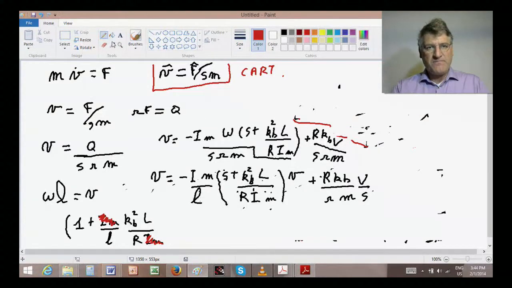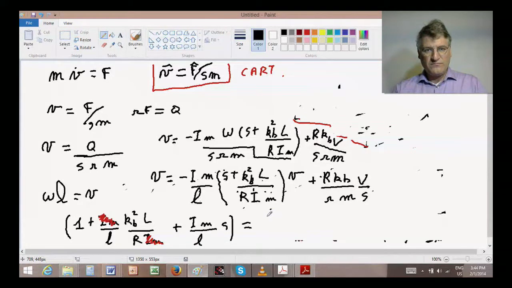Plus Im over L times S must be equal, unless I am badly mistaken, to R Kb over Rm times V over S. And we have the small v appearing here.